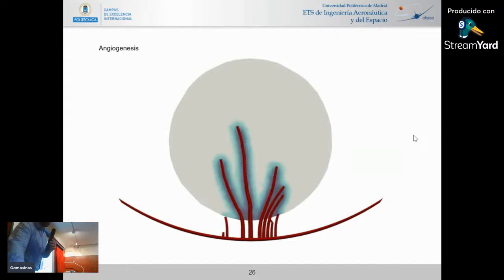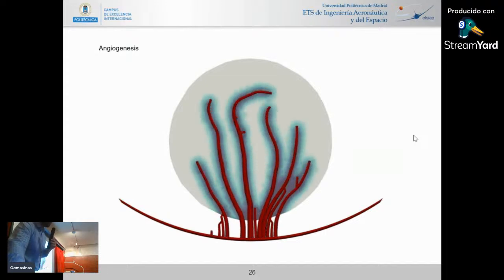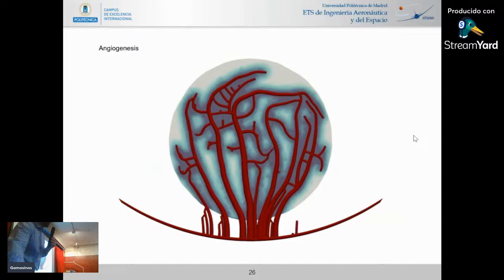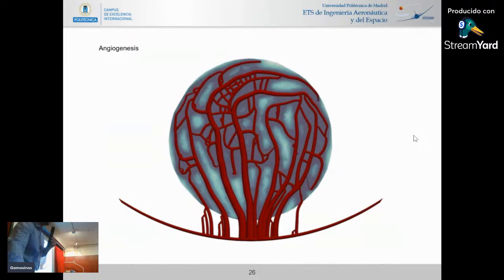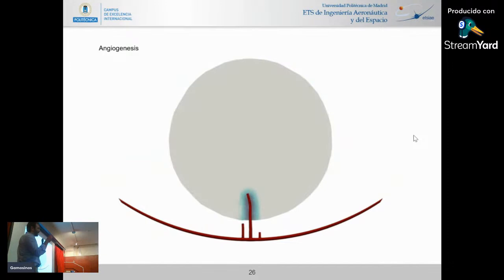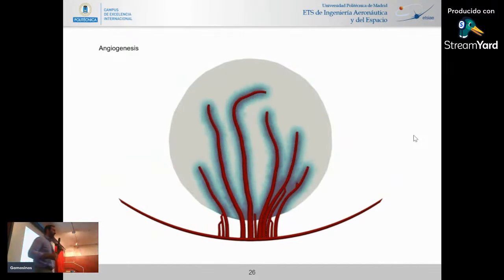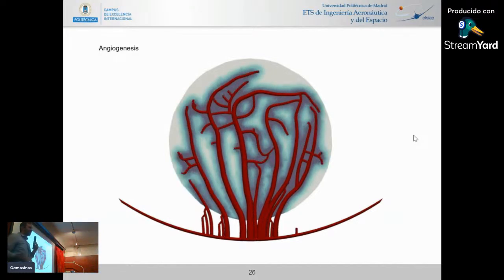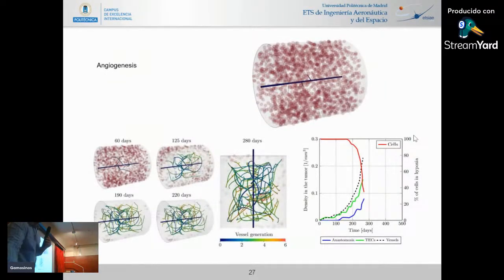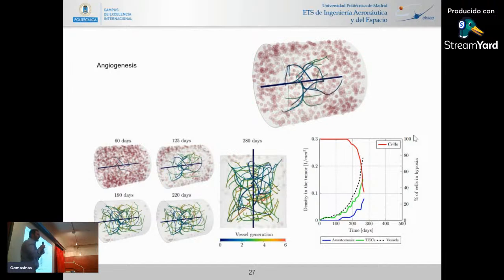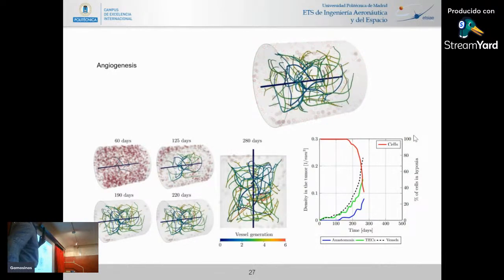Well, the cells produce something called VEGF when there is a lack of oxygen, and the vessels are just following this marker. And with this, we can reproduce many things that agree with experimental data that we have. So in a very simple way, we can reproduce this. And this is very important for the tumor evolution.